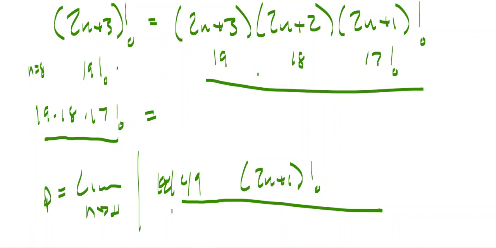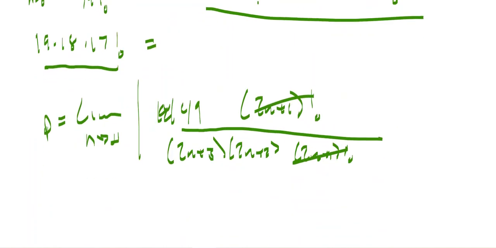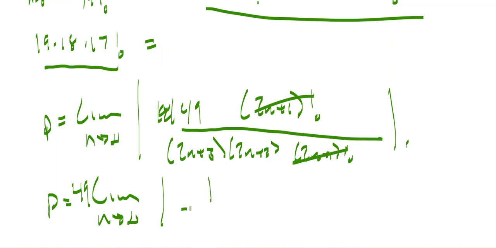In the denominator, we have 2n plus 3 times 2n plus 2 times 2n plus 1 factorial. Those cancel. And so we are left with rho is the limit as n approaches infinity. We can always remove the constant and put it out front, times the absolute value of 1 over 2n plus 3 times 2n plus 2.